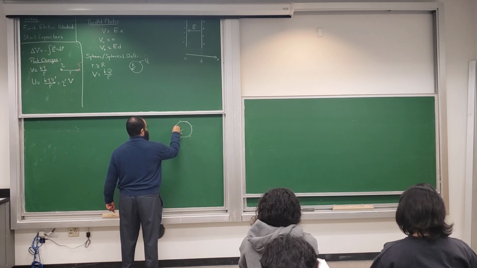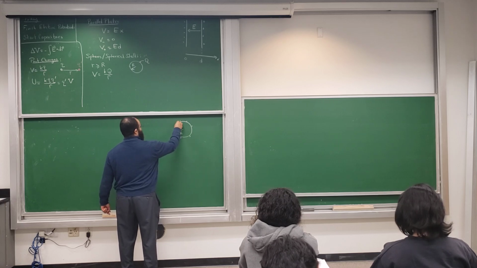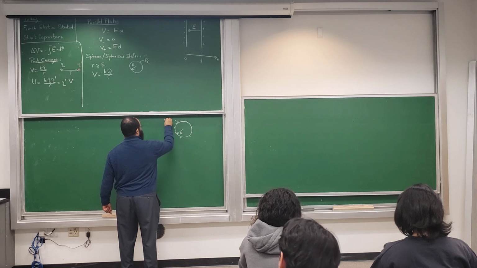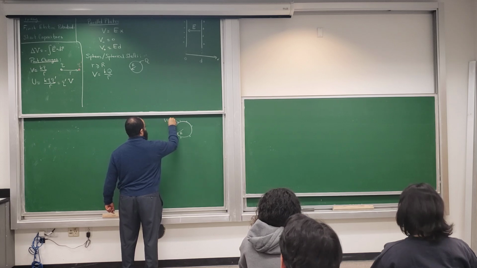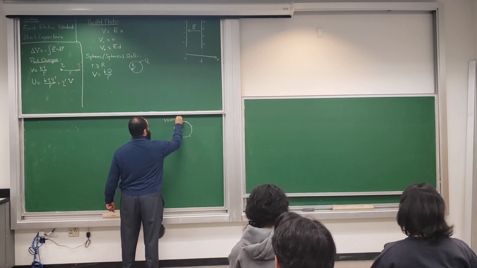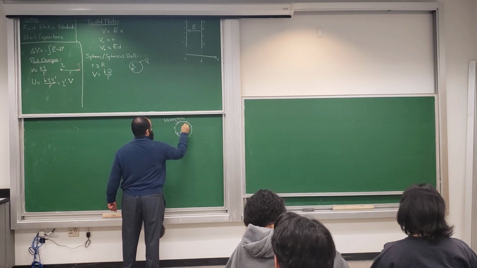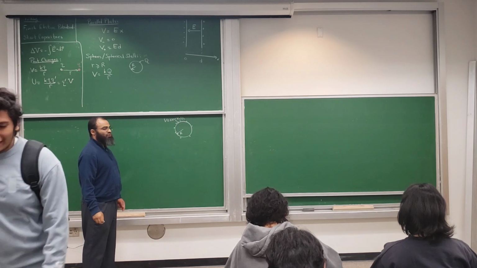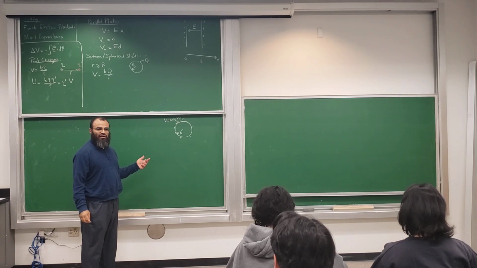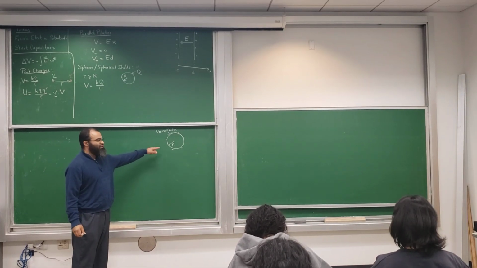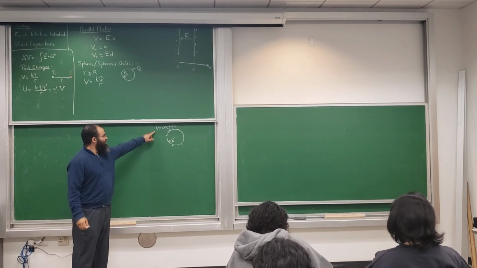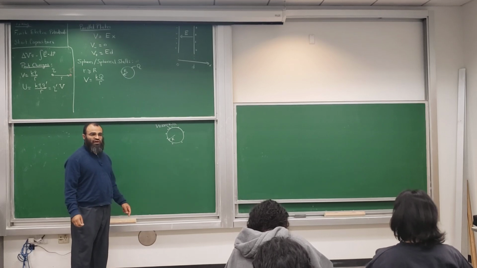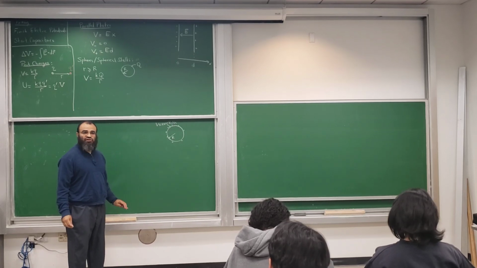Somebody charged it, and they tell us that the potential V at the surface is 1,000 volts. So it's KQ over R. It just works out that K times Q divided by R, whatever they are, just ends up being 1,000 volts. So we're just told that.